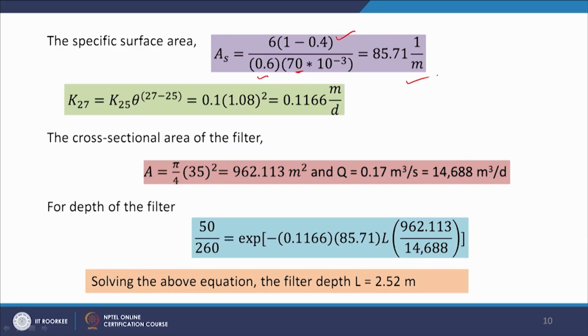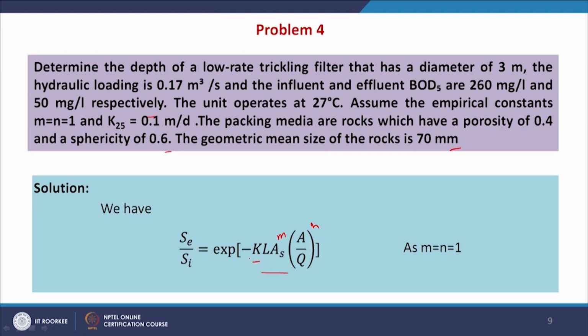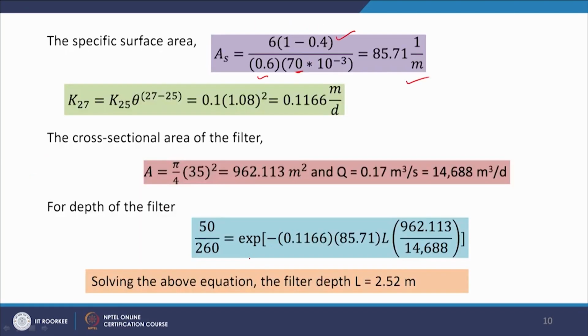Now, again we have to calculate the value of k, because in our expression we have the value of k. That k value is given at 25 degree centigrade, but we need to calculate it at 27 degree centigrade. So, this is the relationship: K27 equal to K25 into theta to the power 27 minus 25. Here K25 is 0.1 and theta value is 1.08 and 27 minus 25 equal to 2. So, this equals 0.1166 meter per day.